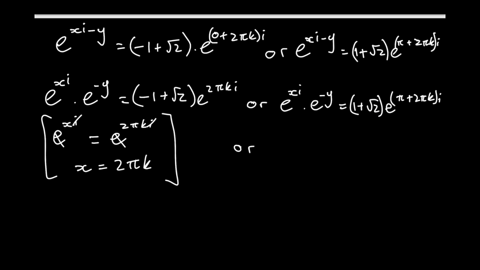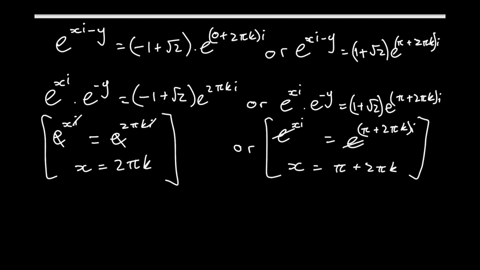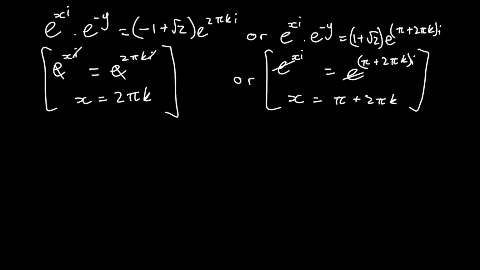On the right hand side, for the imaginary part, we have e to the xi equal to e to the pi plus 2 pi k i. Once again, get rid of the bases and divide through by i, and we're left with x equal to pi plus 2 pi k. Now we do the same for the real part.